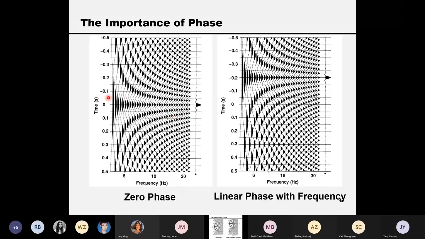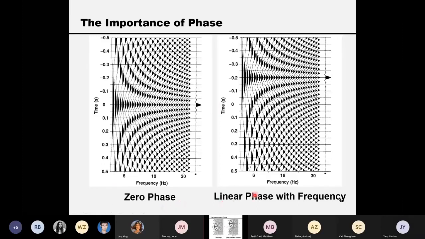For example, here we saw this before. If we sum this together, we have a zero phase here, right? So now, if there are subsurface depths here, we can easily identify the depths. That's the zero phase, right?